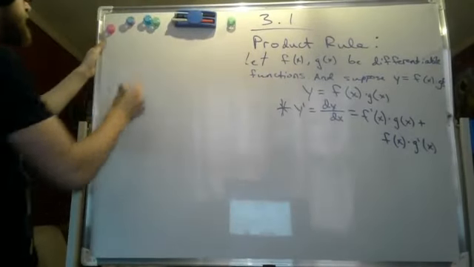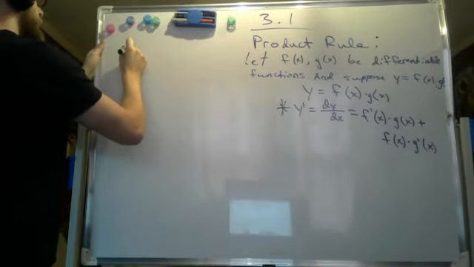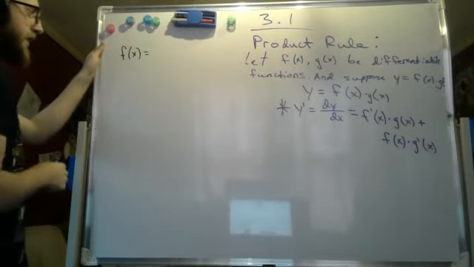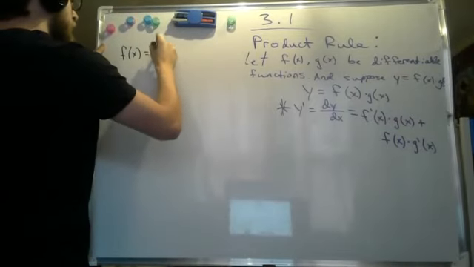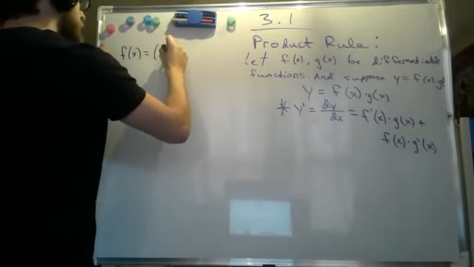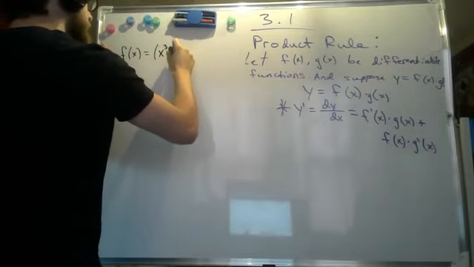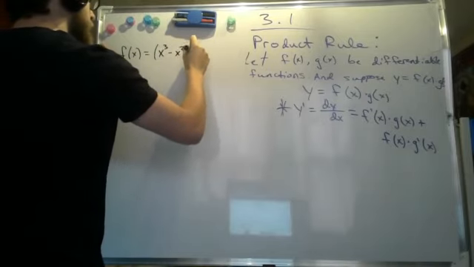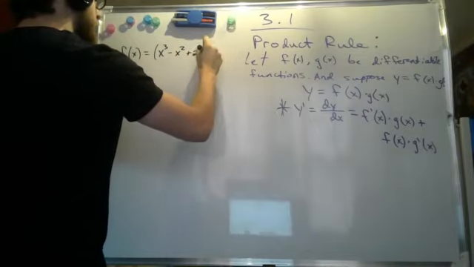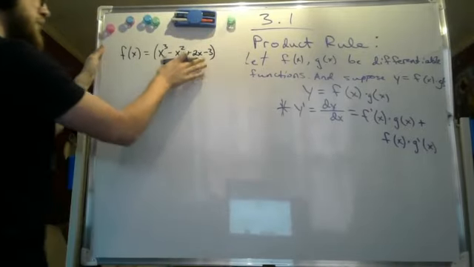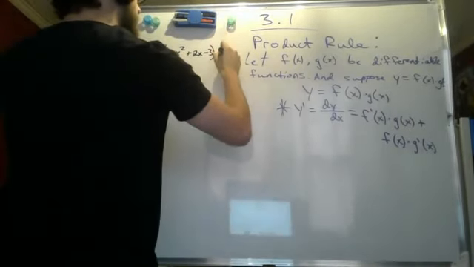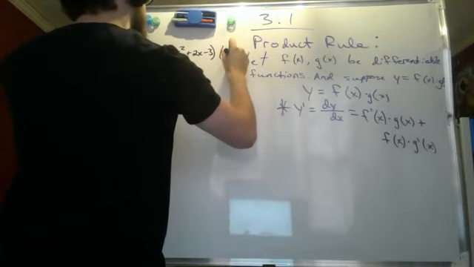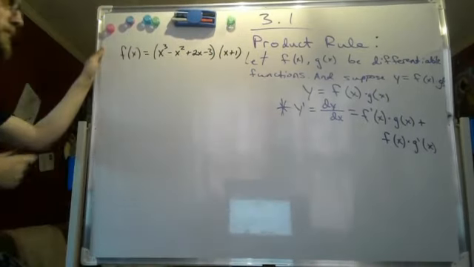Well, let's suppose we have a function f of x is equal to x cubed minus x squared plus 2x minus 3 in parentheses, and then times, let's say, x plus 1.